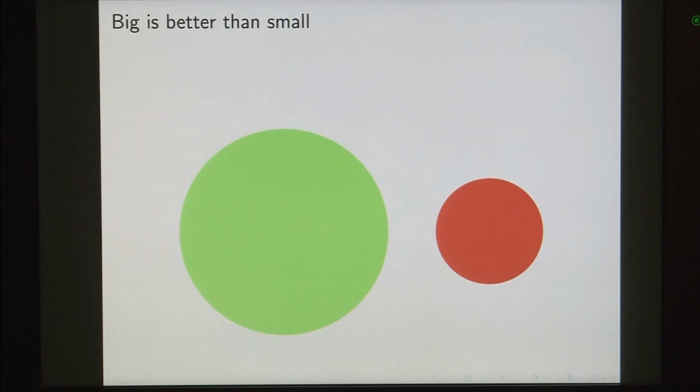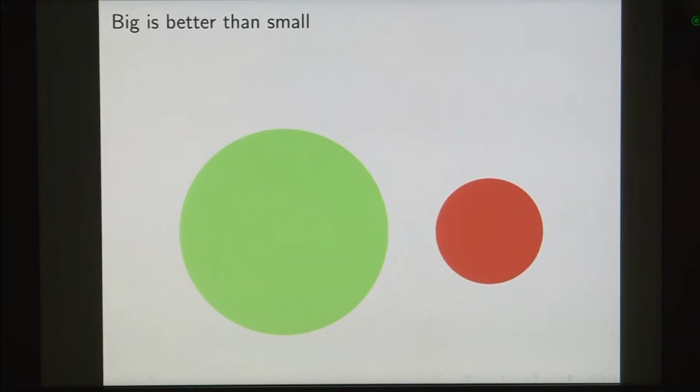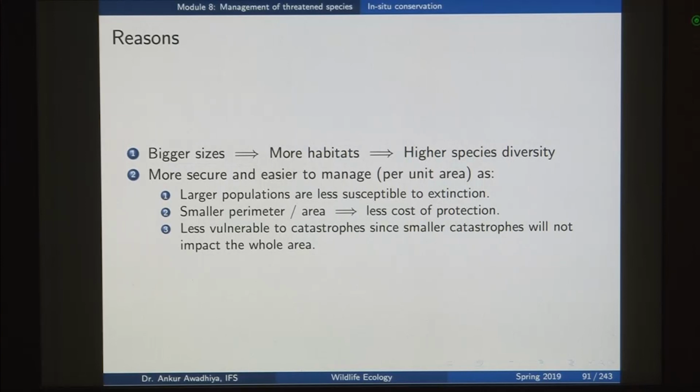If you have a larger sized reserve, then probably that is better as compared to a smaller sized reserve. Now, why? Because if you have a larger sized reserve, you will probably have a greater amount of habitat diversity. A smaller sized reserve will have say n number of habitats, but a larger sized reserve will have more habitats. More habitats would then support more organisms, more species diversity, which is why we should have larger sized reserves.